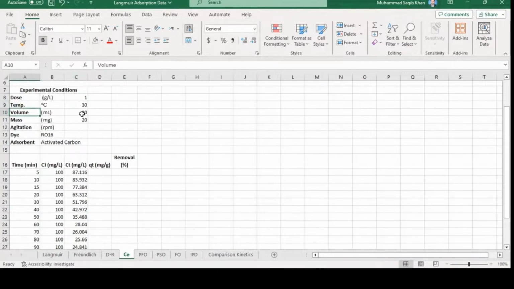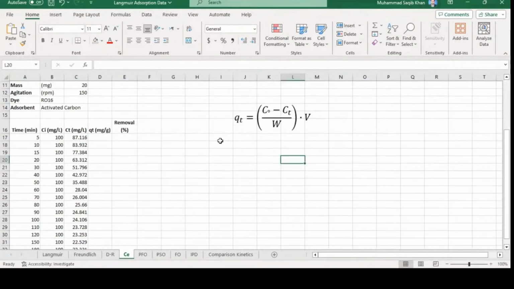Now we will calculate the Qt value. You know how to determine Qt: it is the adsorption capacity at time t. This was our formula: C0 minus Ct, multiplied by volume, divided by mass.